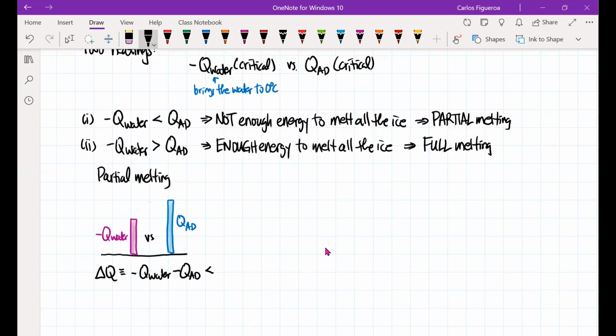This quantity turns out to be negative. Because delta Q is negative, that immediately implies partial melting. Okay? That immediately implies partial melting.